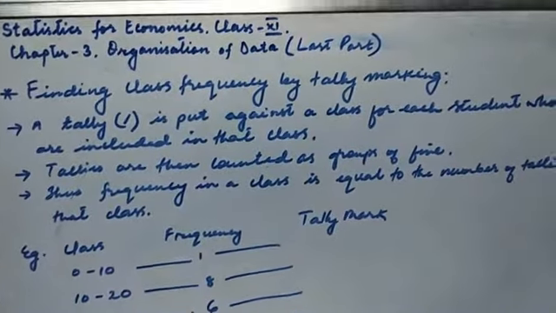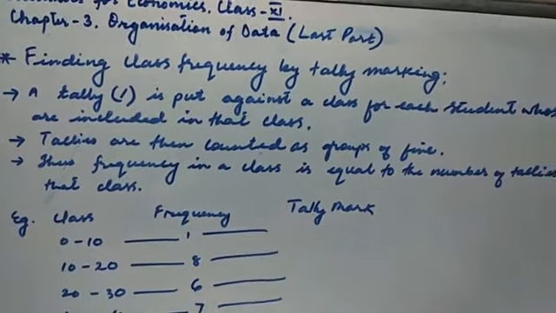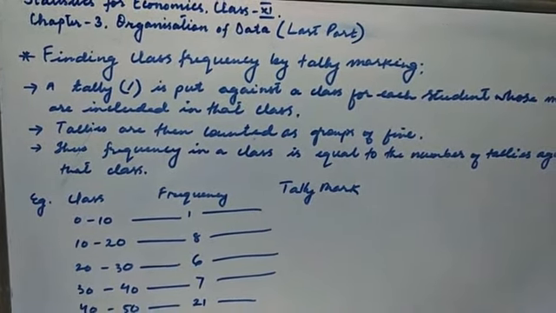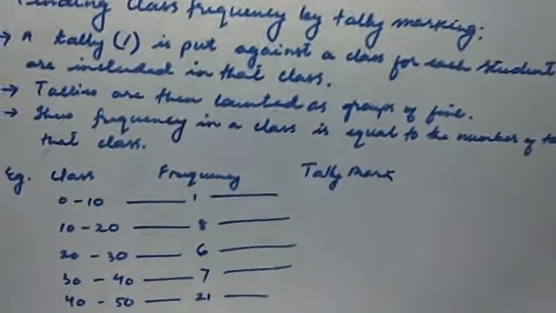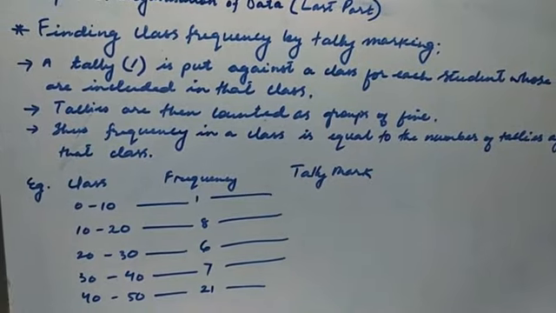So here we are going to talk about finding the class frequency by tally marking. You must have used tally marking in your day-to-day or practical life, and it is very helpful.